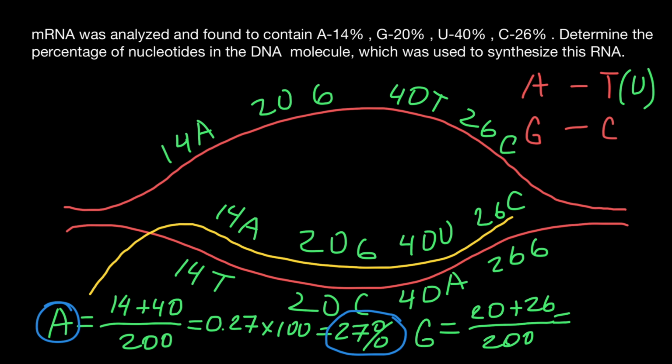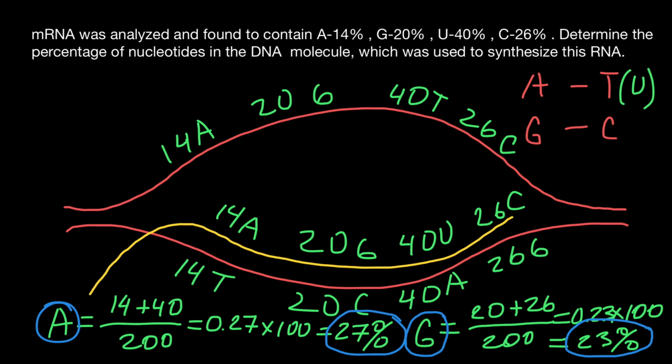We are going to get 0.23 times 100, and the answer is 23%. So the frequency of the guanines would equal 23%.